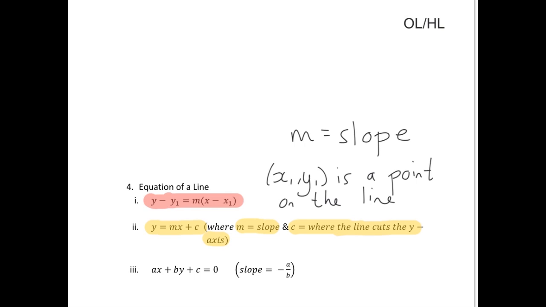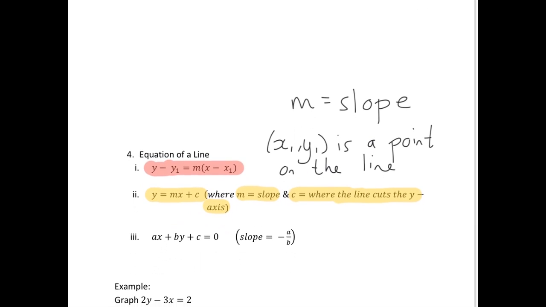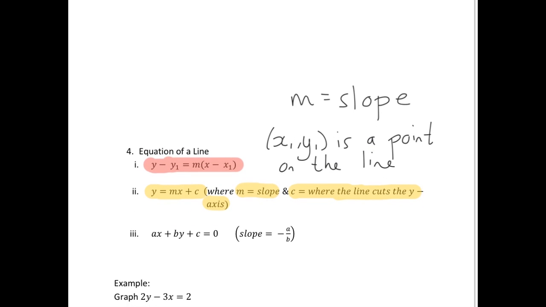The third definition for the equation of a line that is often used is ax plus by plus c is equal to 0, and if the equation of the line is given in this form, the slope is equal to minus a over b.